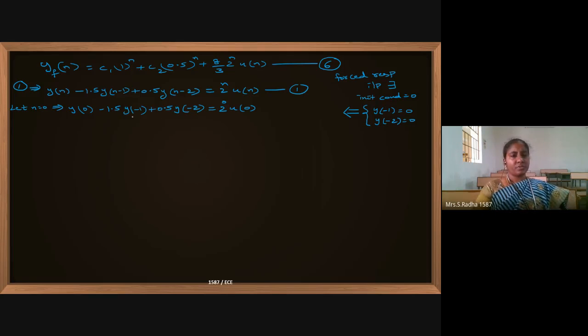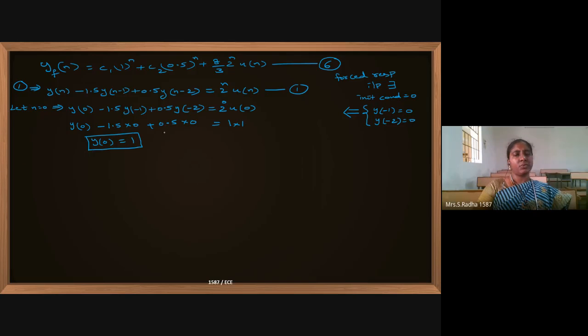Here y of minus 1 and y of minus 2 are the initial conditions, so you can substitute them now: minus 1.5 into 0 plus 0.5 into 0. 2 power 0 is 1, and u of 0 means step signal at origin. So you finally get y of 0 equal to 1.